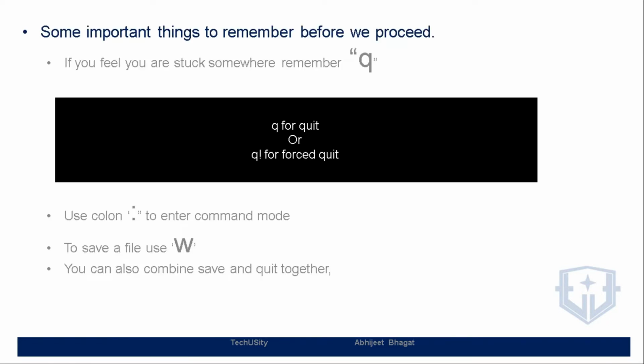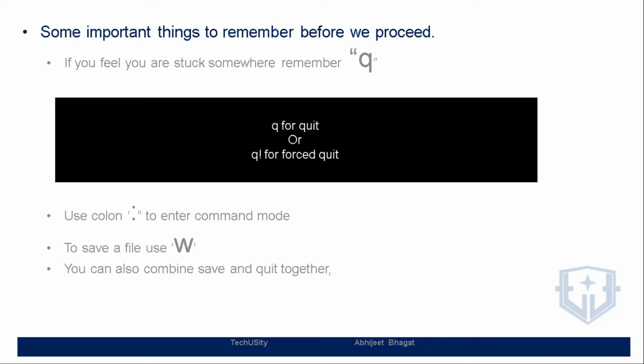A few more things I want you to remember before we proceed. As we saw, if you have to quit, you use :q for quit, or :q! to force quit. In order to enter command mode, you have to use colon. So be in the habit of pressing the colon key, or escape colon. If you want to save the file, you can use :w.